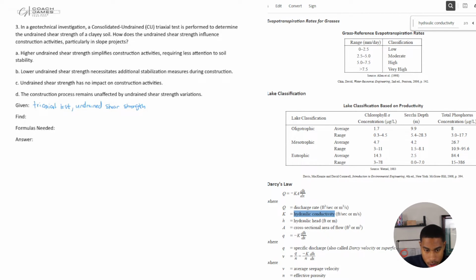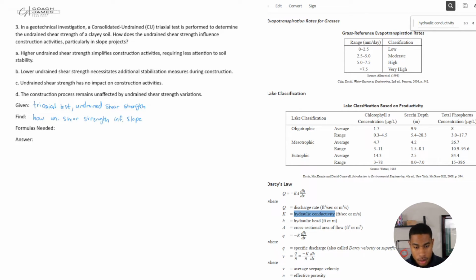Okay. And so you want to find how undrained shear strength will influence slope projects.